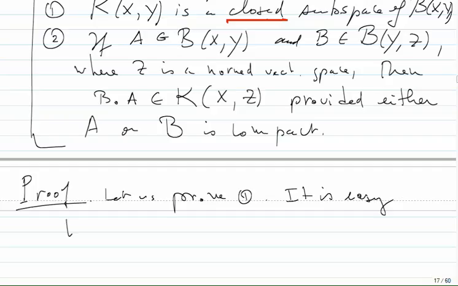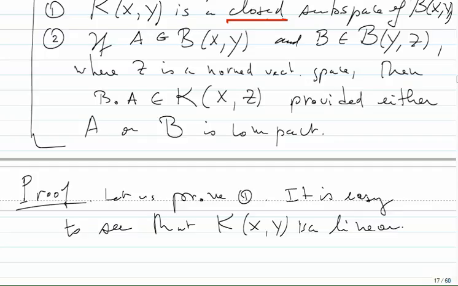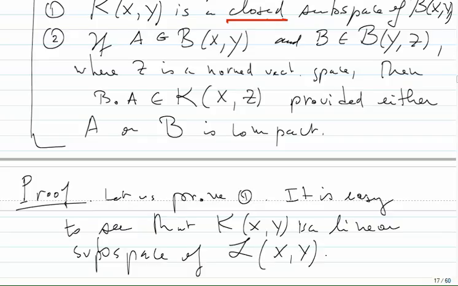It is easy to see. We're going to use, of course, the sequential characterization, that K of XY is a linear subspace of L of XY. So being a linear subspace, we just use the properties of the sequential characterization of compactness and the properties of convergent sequences. So this will give it.